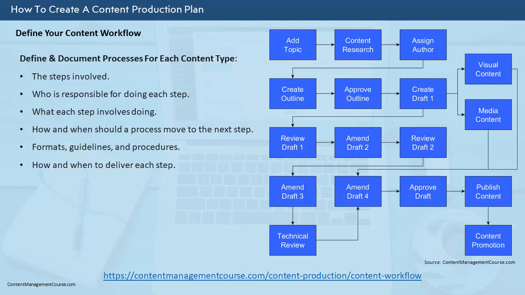So when we outline the workflow for each content type, we need to define things like the steps involved, who is responsible for doing each step and what each step involves doing, how and when should a process move to the next step, what formats, guidelines, and procedures need to be followed to ensure that consistent standards are maintained, how and when to deliver each step, and so on. For more information about outlining and documenting workflow processes, visit the links on the screen.